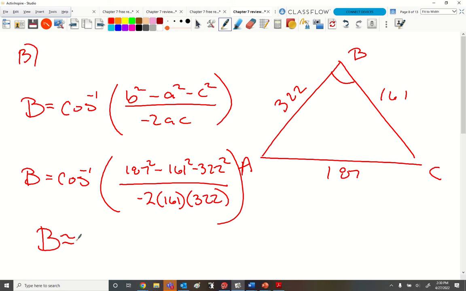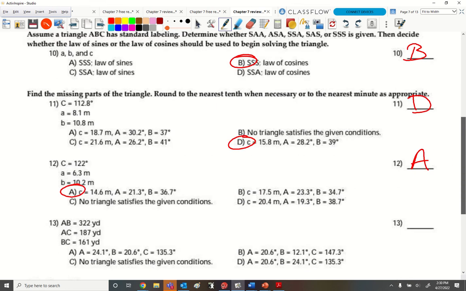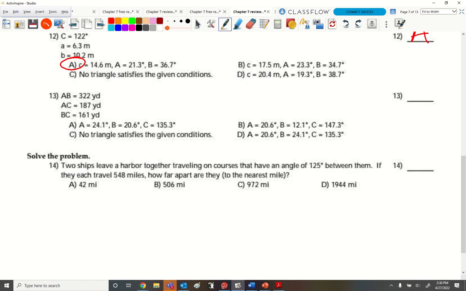So 24.1. So B is 24.1, so that my answer has to be... okay. If you notice, they're all using the same numbers over and over again. You just have to make sure it's in the right spot, and you label what it is you were looking for.